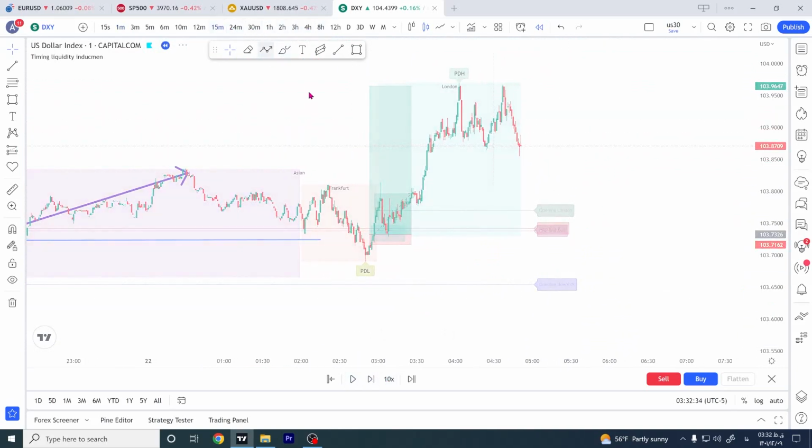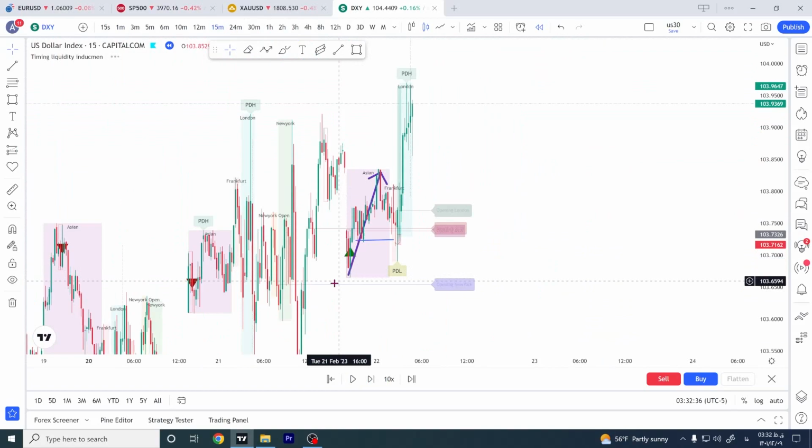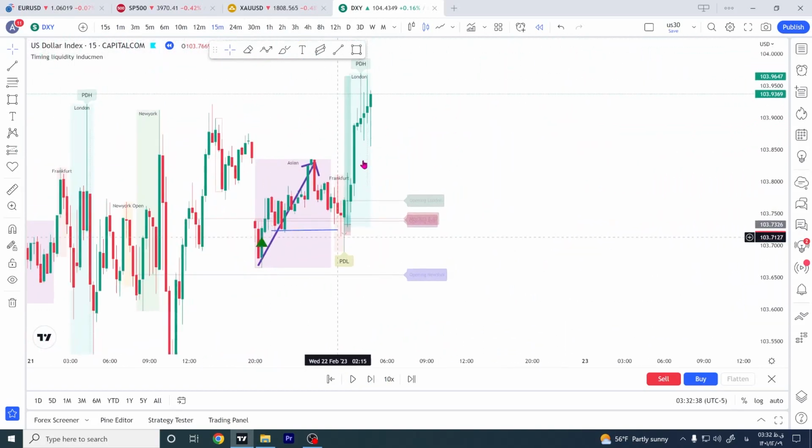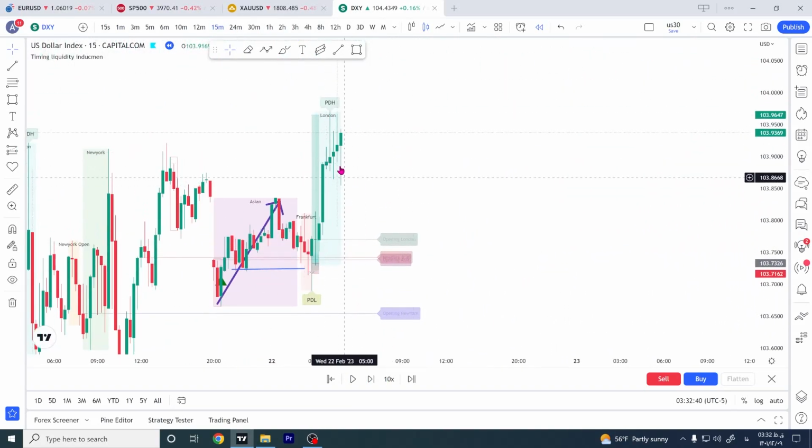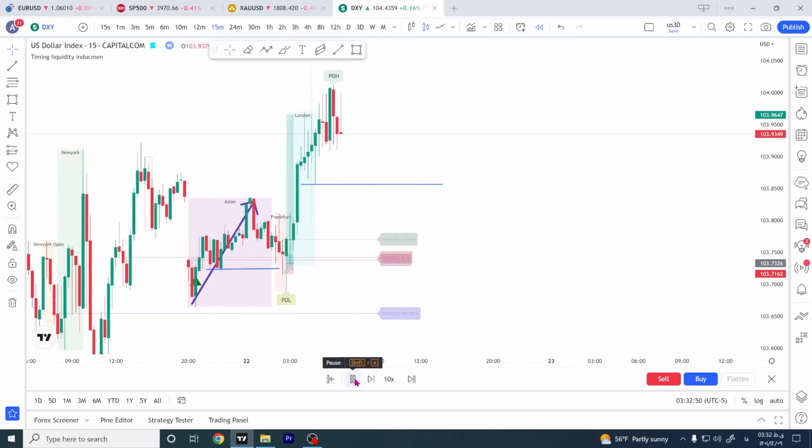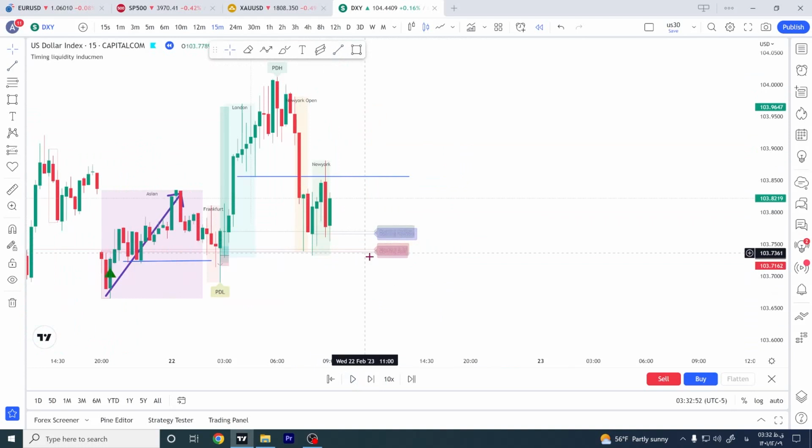Let's talk about previous days. After that, in the New York session or London session, it comes and grabs some point of liquidity like this, and we can enter that trade as well. So it came down, it liquidated this low.